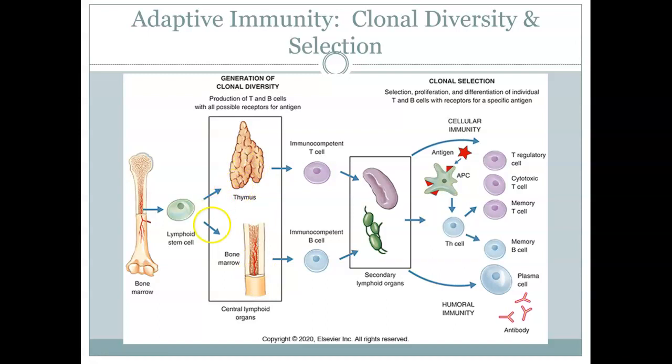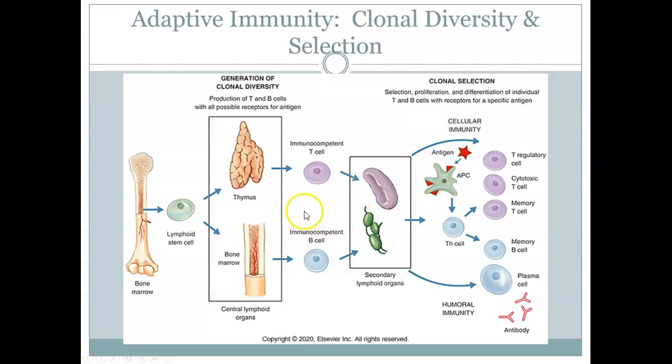If the stem cell is sent to the thymus, it will develop into a type of immunity cell called T cells. If these lymphoid stem cells are produced in the bone marrow, they will develop into B cells. So this is where we have our T cells and our B cells that are used for cellular immunity.